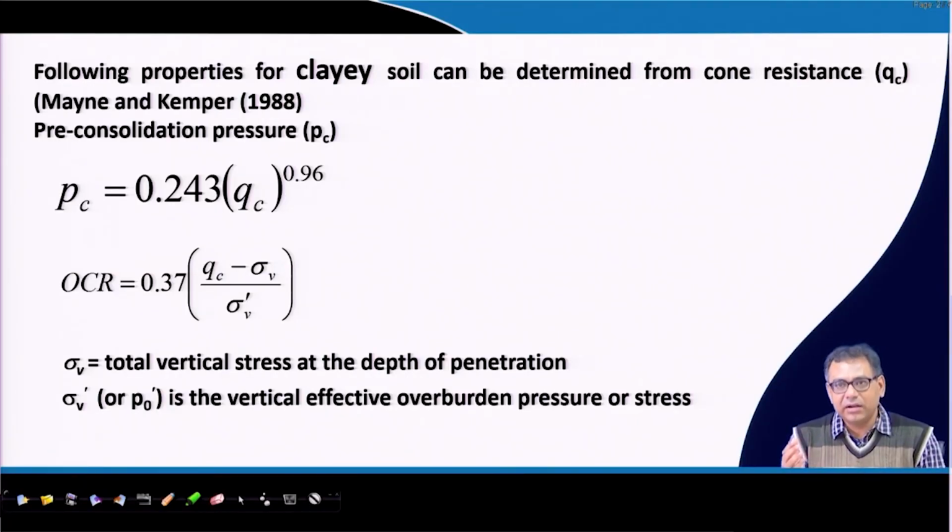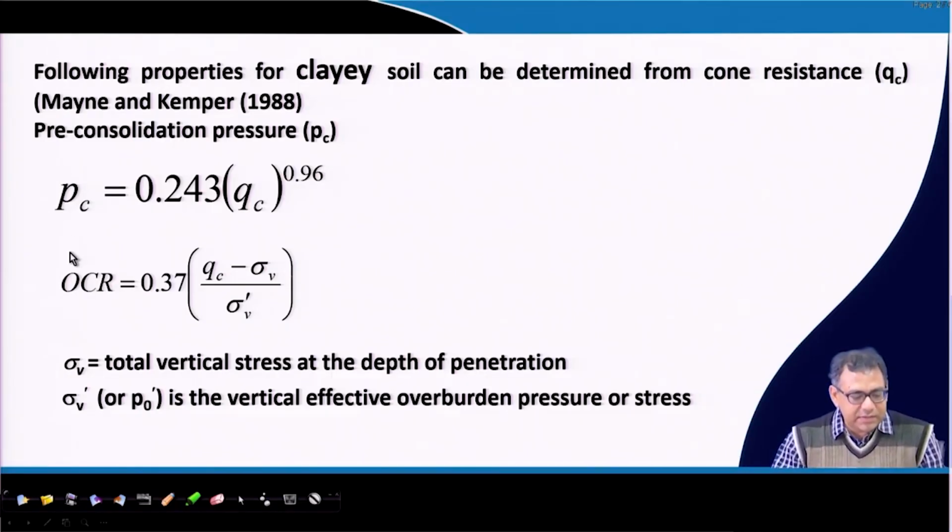But if the current stress is less than PC, then the soil is called over consolidated, because the previous stress was more than the current stress. So, the PC value is very important to identify, because based on that we can identify whether the soil's current state is over consolidated or normally consolidated.